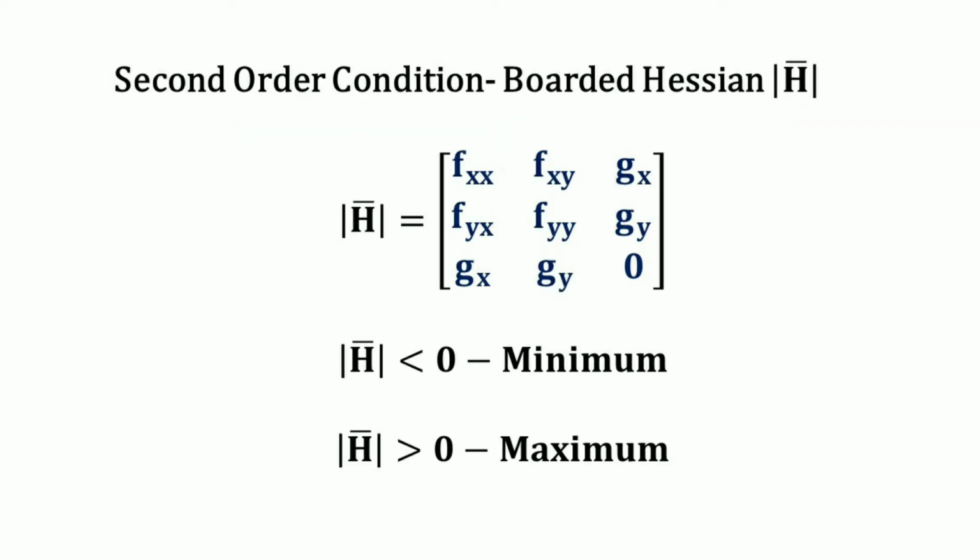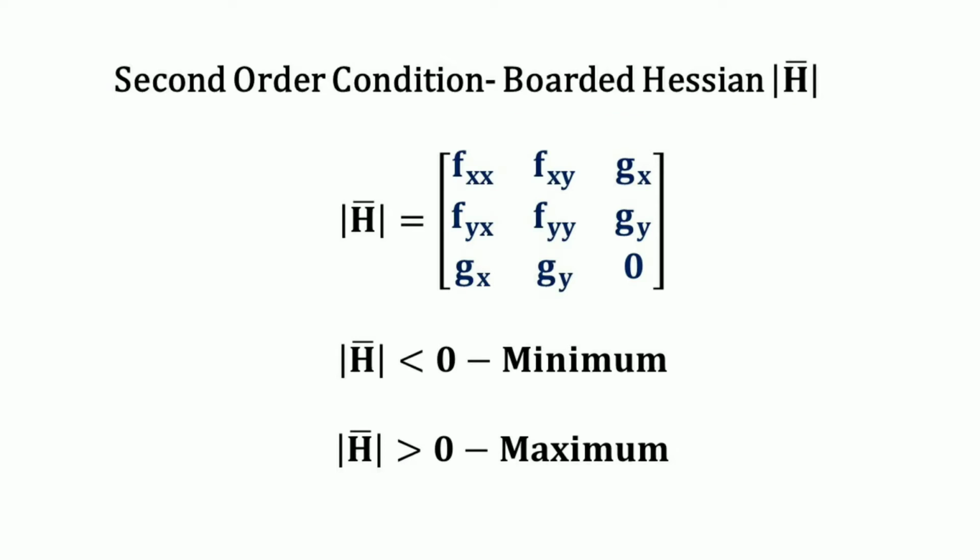The second order condition can now be expressed in terms of the bordered Hessian, which is the determinant composed of all second order partial derivatives, with second order direct partial derivatives on the principal diagonal and second order cross partial derivatives off the principal diagonal, bordered by the first derivatives of the constraint with 0 on the principal diagonal.